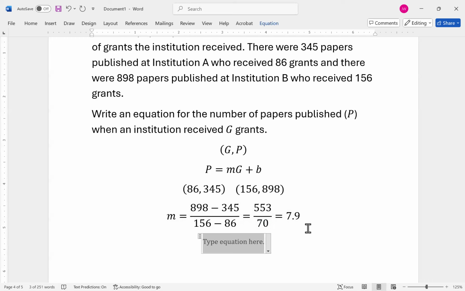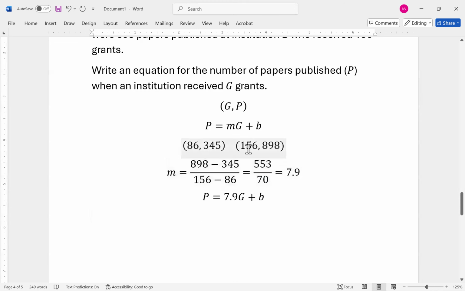Now I know that the equation looks like this. P equals 7.9 multiplied times G plus some intercept. And this is where I can plug in one of these 2 points. Doesn't matter which one. I'll plug in the second point. So 898 is equal to 7.9 multiplied times 156 plus B. 7.9 times 156 comes out to 1,232.4.